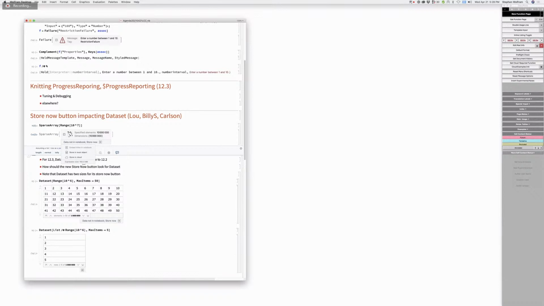Right. I think we can keep it because it kind of says what it's doing. Yeah. I think this will actually connect to the next question, which is, for dataset, we did not change its store now button in part because it comes in 2 different sizes.